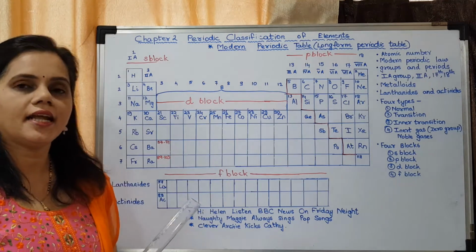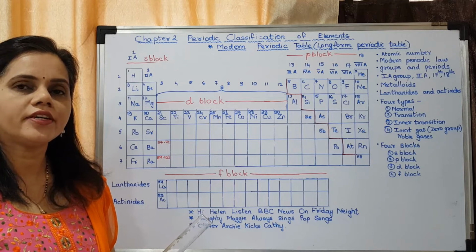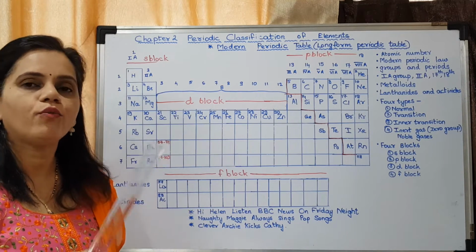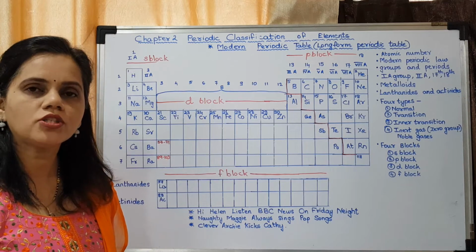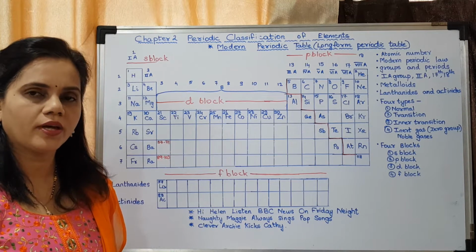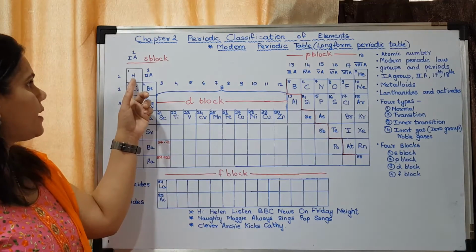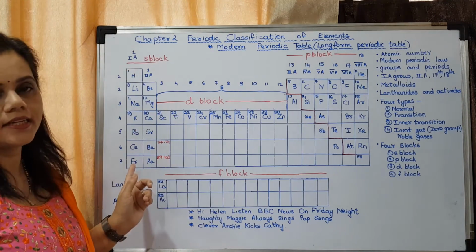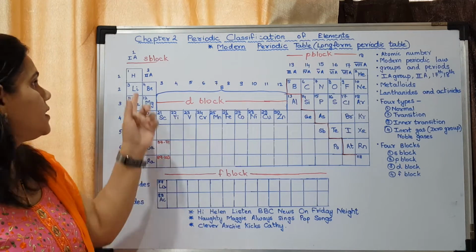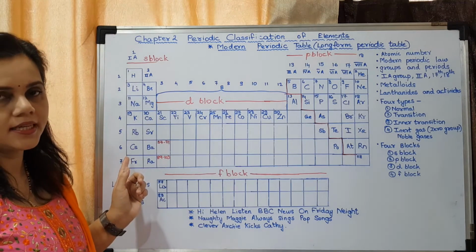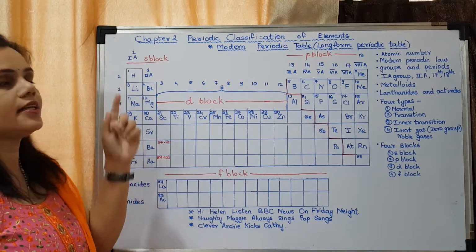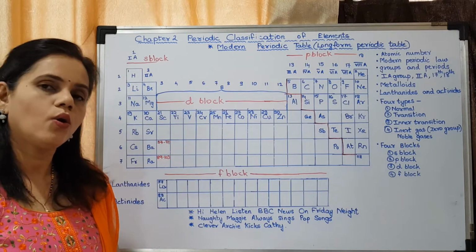Sodium, it is 11, so electronic configuration is 2, 8, 1, so even it is having one electron in its outermost shell. Okay, hope you have understood. So as it is having one electron in its outermost shell, it is placed in the first group along with alkali metals. It is for convenience for us to understand, and it is having the atomic number 1.